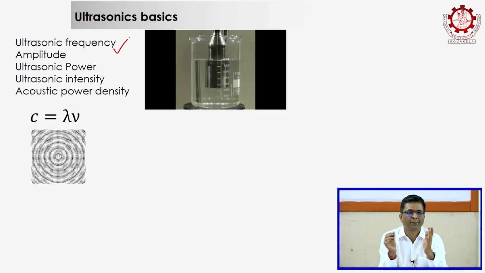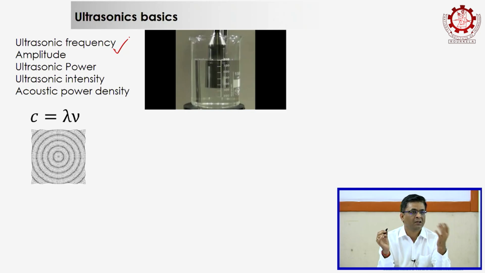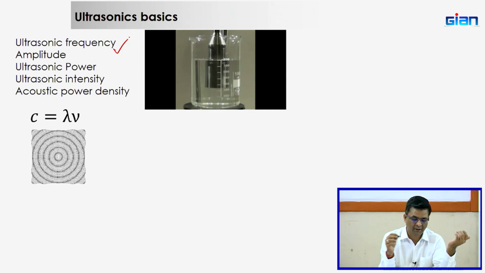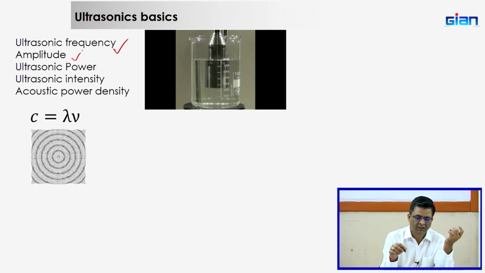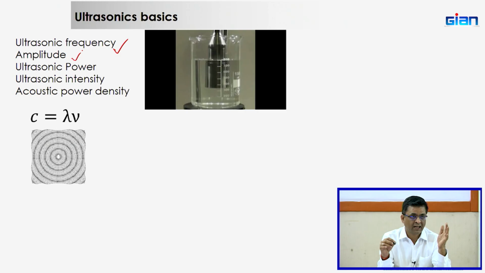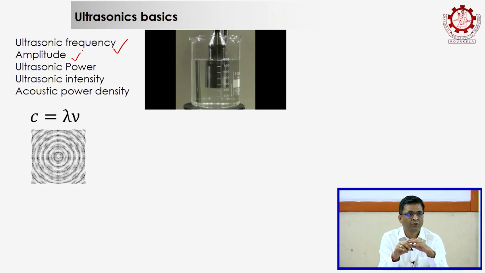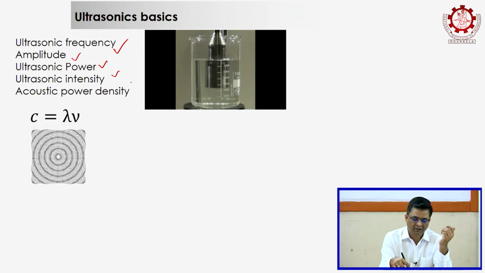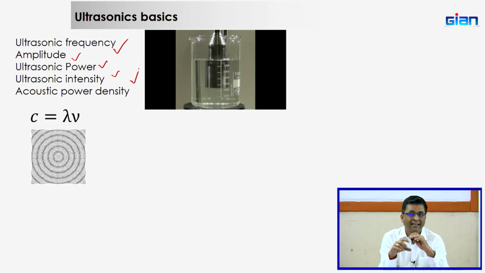It moves based on compression and rarefaction. Liquid sound is different, metal sound is different, vacuum is different. Second one related to processing is your amplitude. It is the amplitude which is the guiding force for ultrasound. Ultrasound power, ultrasound intensity and ultrasonic power density.